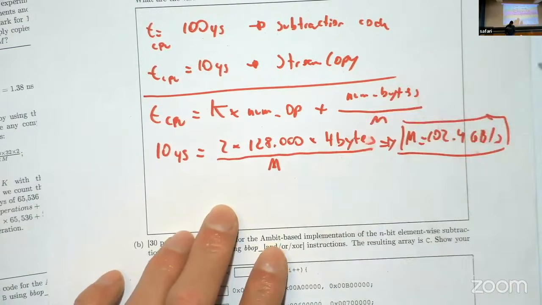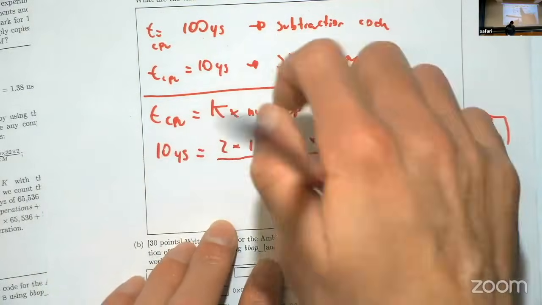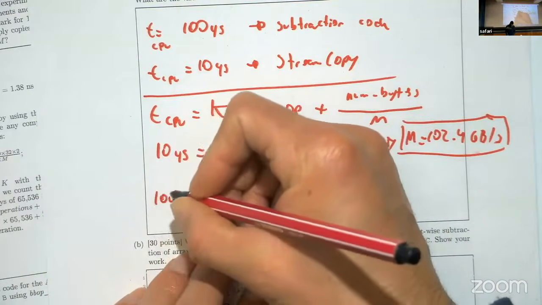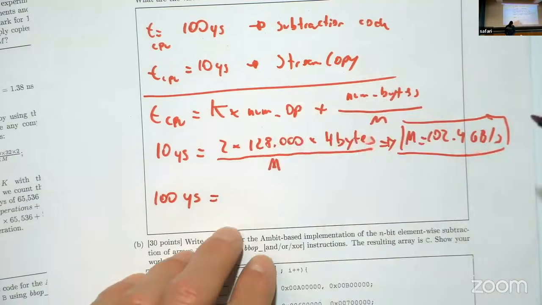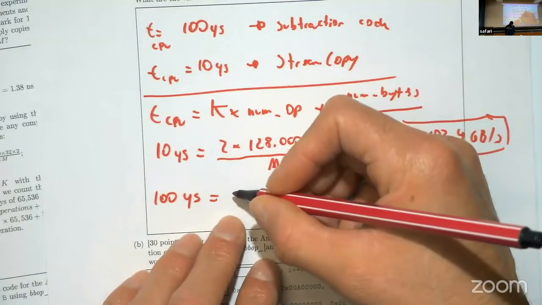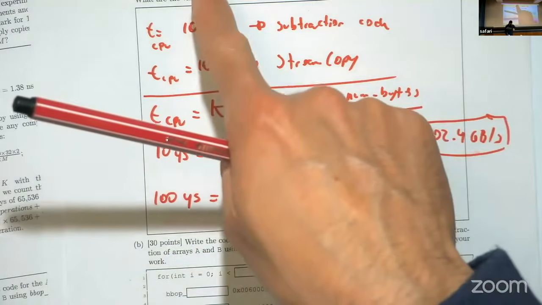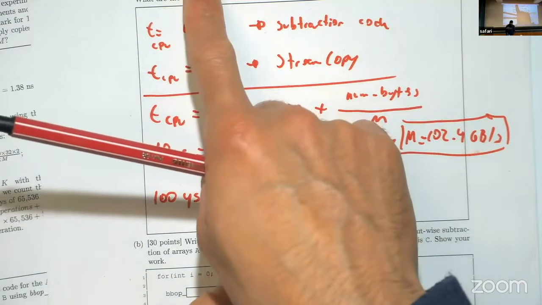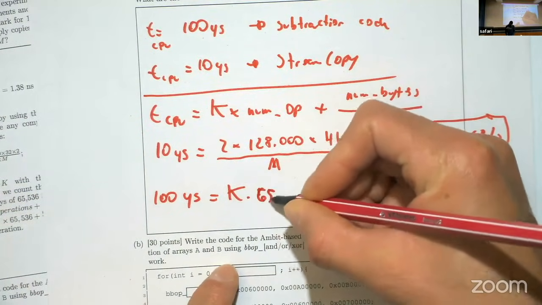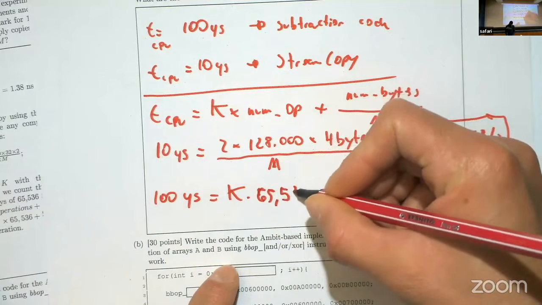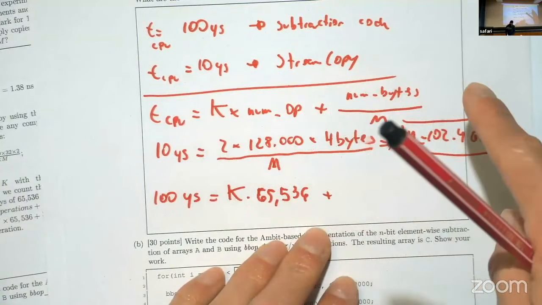Okay. Now you need to figure out the value of K. So you use the same thing. You're going to use the second benchmark that was used. So this is 100 microseconds here. This is going to be K times the number of operations that was done. So you did 65,536 additions, subtractions, so this is 65,536, times the number of bytes that was read from the memory.